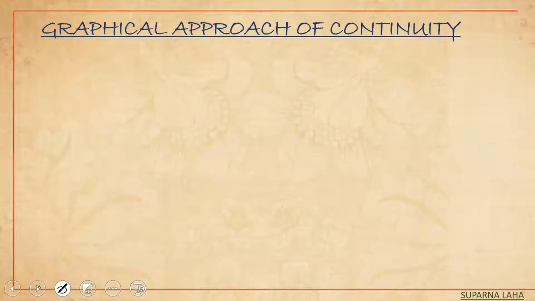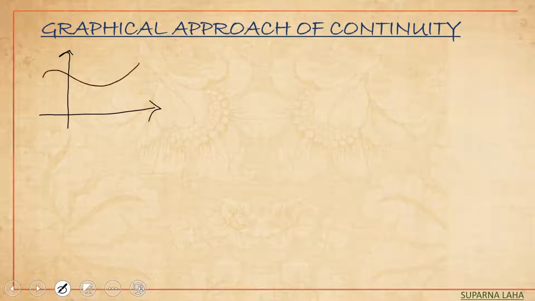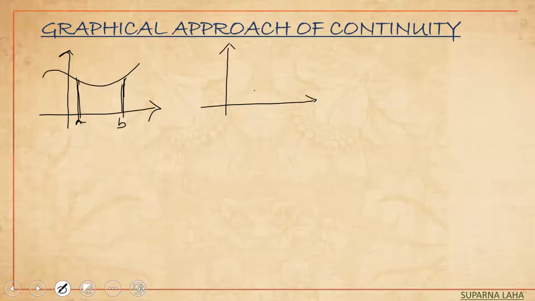Now let's understand what is continuity by a graph. Now here I am taking a graph like that. So here I am taking an interval a to b. Now you check the graph. You don't need to lift your pen to draw the graph. Now here I am taking another graph like this. Now look at here.